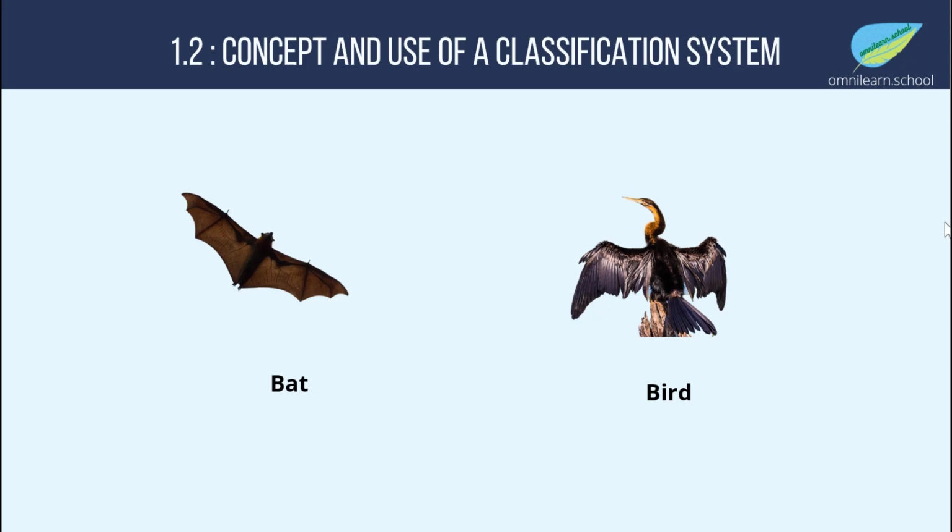Now that we know the importance of a classification system and its aim, let's carry on to learn about the classification system itself and how it has moved from using morphology to anatomy to base sequences in DNA and sequences of amino acids in proteins in an organism.